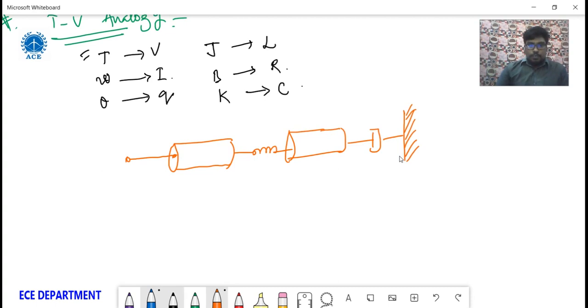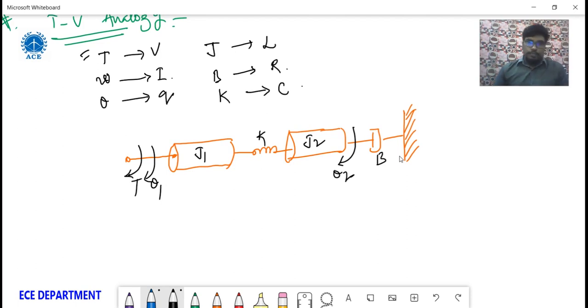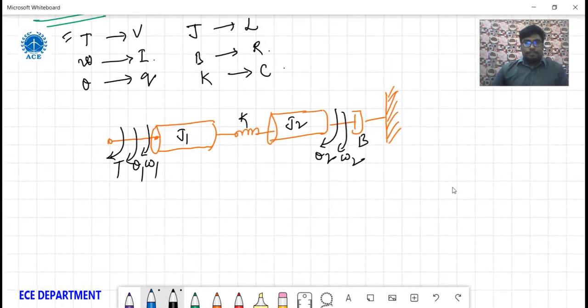Here are J1, J2, K, B, and here the external torque is applied, with angular displacements. So these are the equations given. Here you can write angular velocity 1 and angular velocity 2 also. So this is the given mechanical system.